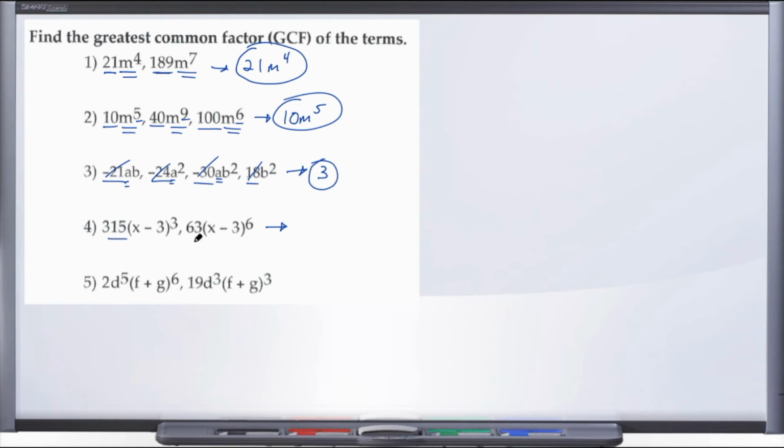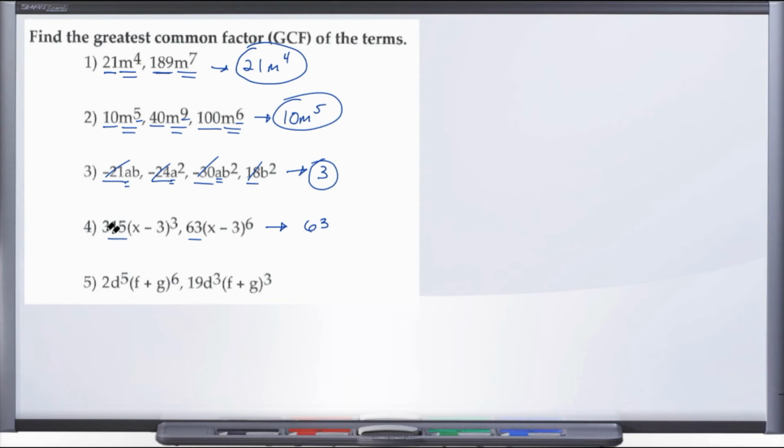So we're just going to deal with our number first. You could use your calculator, but you will see that 63 goes into itself, and 63 goes into 315 5 times. And so 63 is going to be the number that we pull out as being part of our GCF.